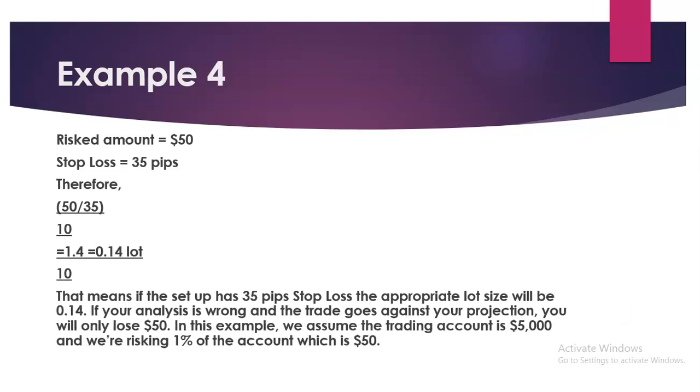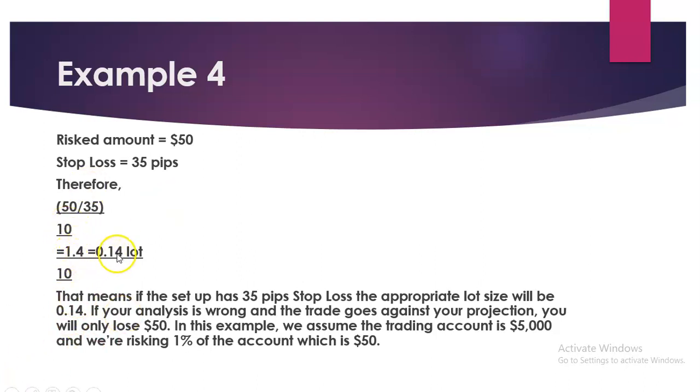So let's quickly look at example 4. This time around we are looking at a stop loss of 35 pips, and going by the same mathematical step, dividing your risk amount by the size of your stop loss, which is 35 pips in this case. Whatever you get there, you divide that by 10.